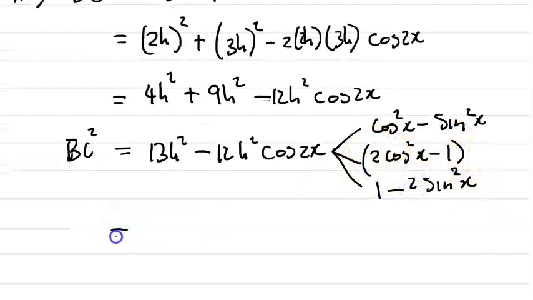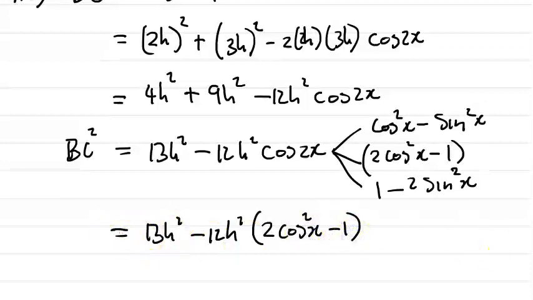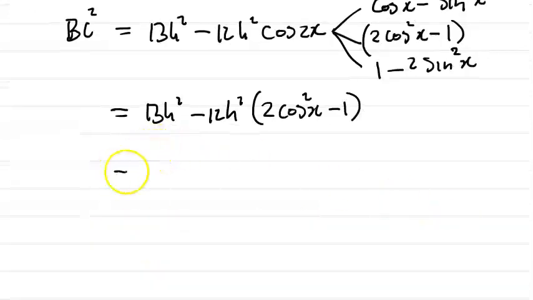So let's substitute that. So we have 13h squared minus 12h squared into 2 cos squared x minus 1. 13h squared. Open the bracket here.